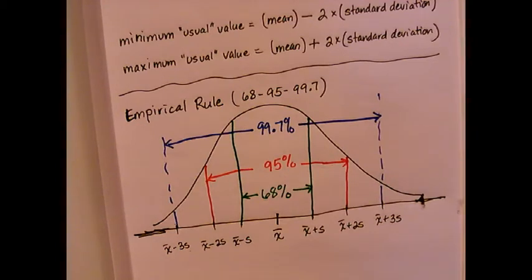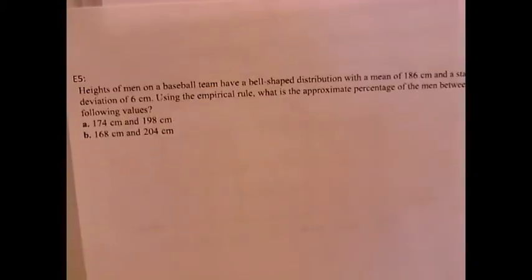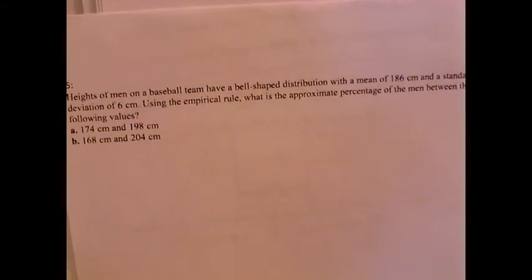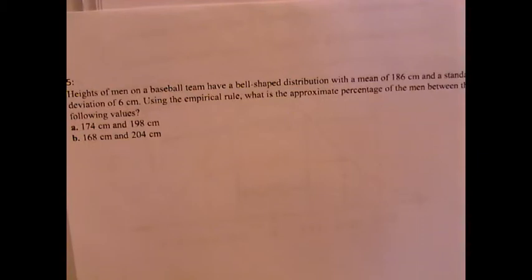Now let's look at one example that's related to the empirical rule, like this one. Heights of men on a baseball team have a bell-shaped distribution with a mean of 186 and a standard deviation of 6 centimeters.